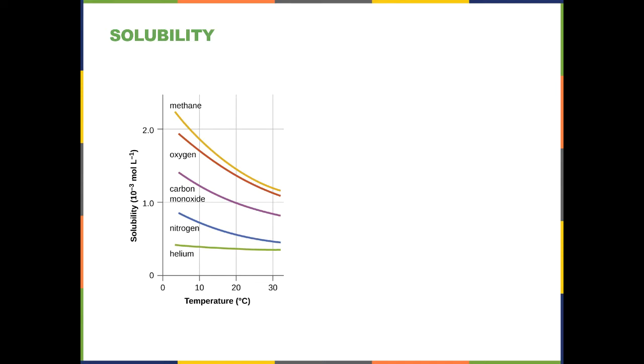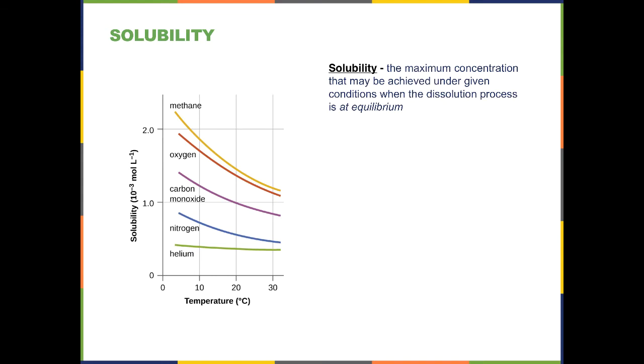That's the solubility of a gas in water. So solubility is the maximum concentration that can be achieved under any particular conditions, and it is measured when the dissolution process is at an equilibrium. That is, it's not changing anymore.